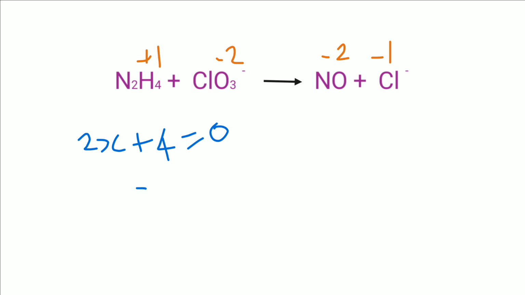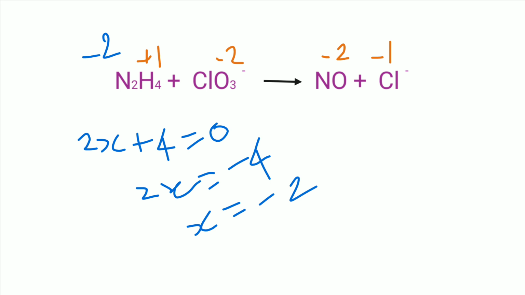So 2x is equal to -4. As a result, x is equal to -2. So the nitrogen oxidation number in hydrazine is -2.